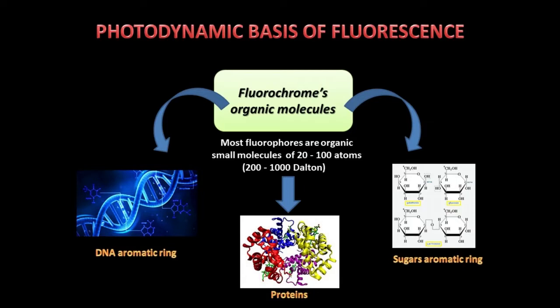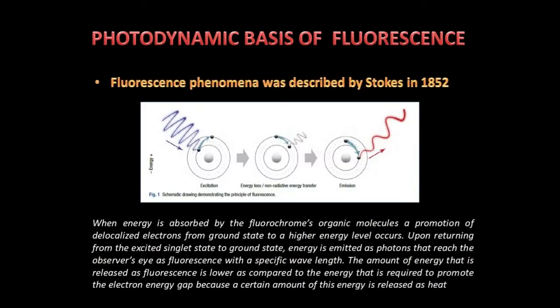When energy is absorbed by the fluorochromes, organic molecules such as the aromatic rings of DNA, sugar, and proteins, a promotion of the localized electrons from ground state to a higher energy level occurs. Upon returning from the excited singlet state to ground state, energy is emitted as photons that reach the observer's eyes as fluorescence with a specific wavelength.